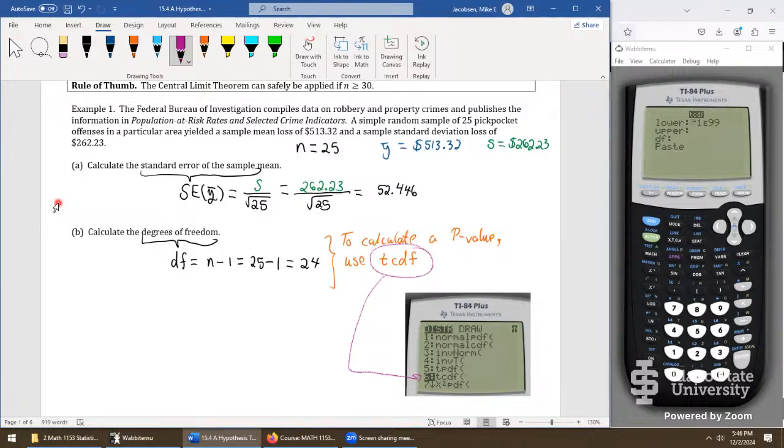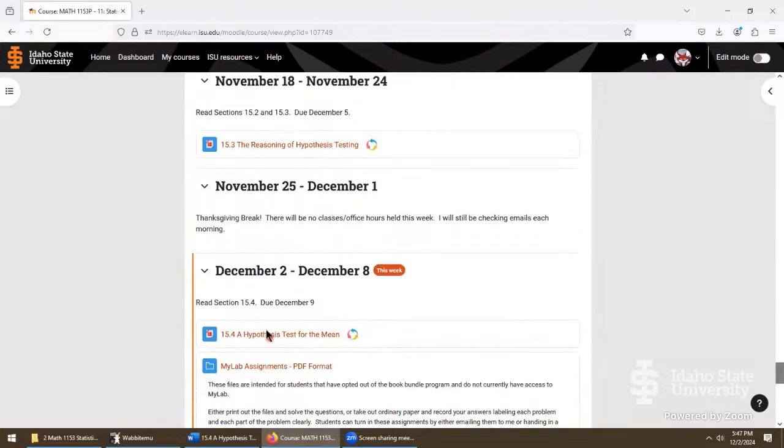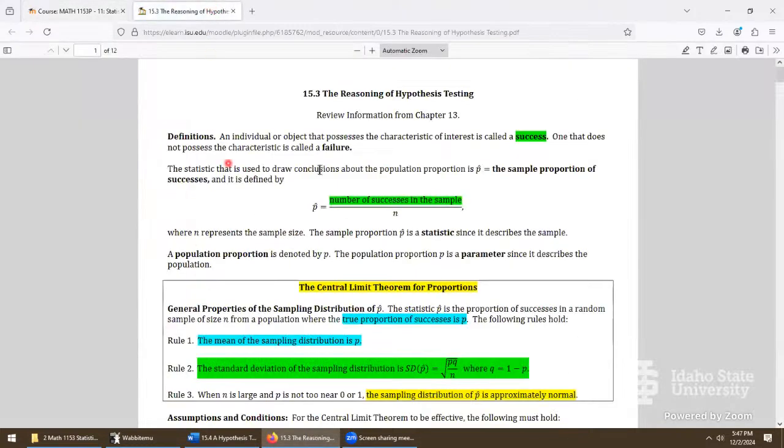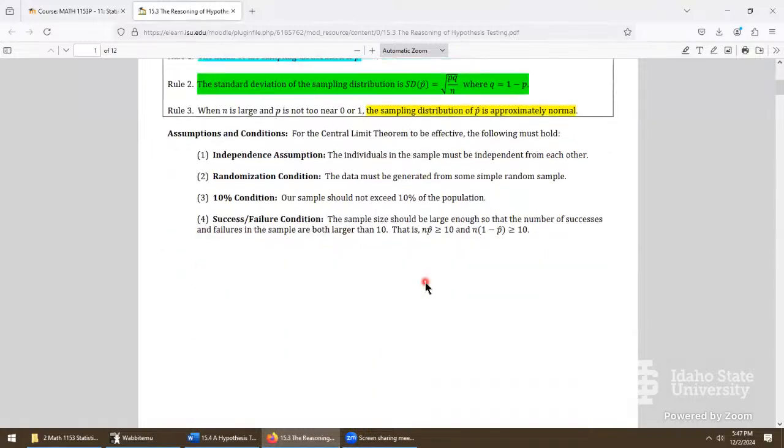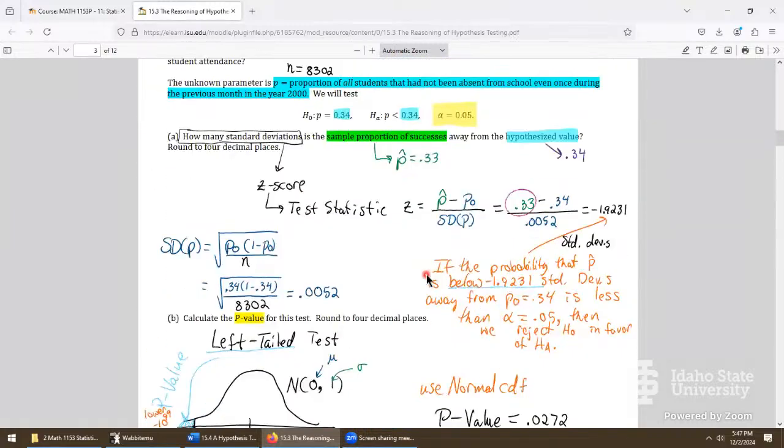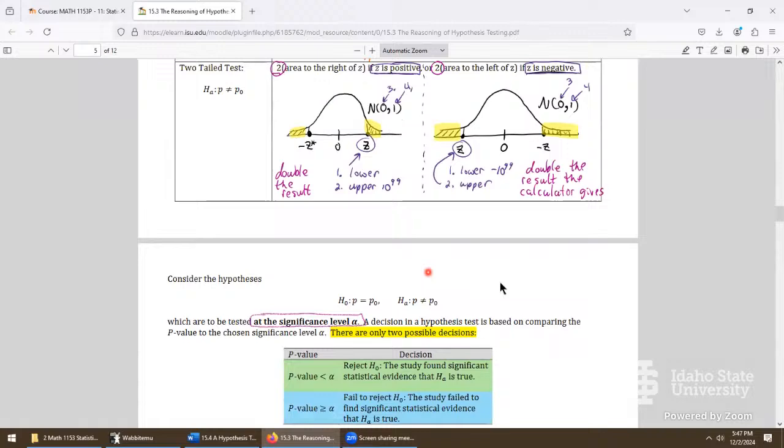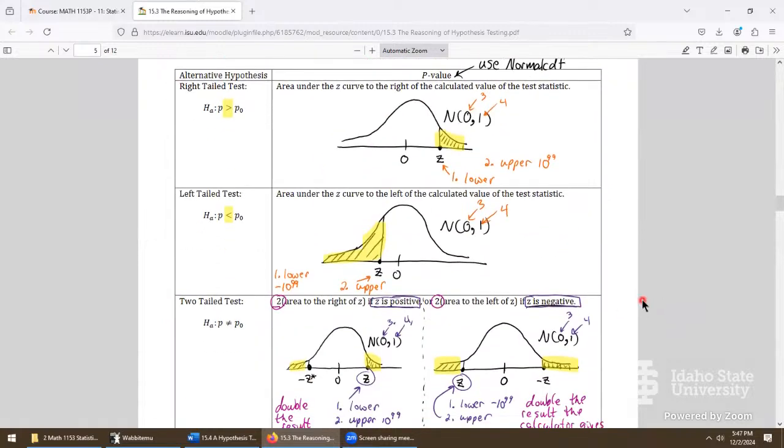Okay, the next segment of the notes are pretty tough to look at because it's just like a wall of text. But the goal of it is to go back here, section 15.3, the reasoning for hypothesis testing. And what we want to do is this whole table all over again, just to see how it goes in our new setting and see what the carryover is, the commonalities and the differences.